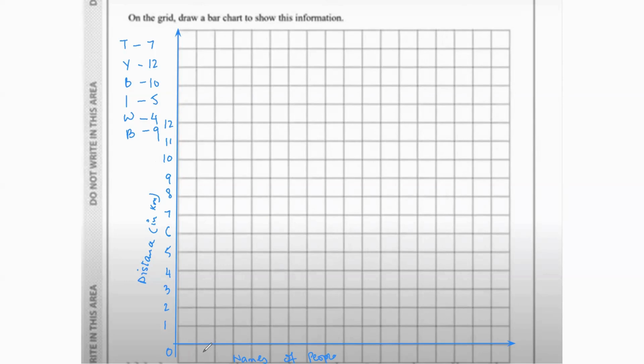And then over here, we can write T. Then we have Y for Yui, B for Barney, I for Ichika, W for Wilfred, and Bella.